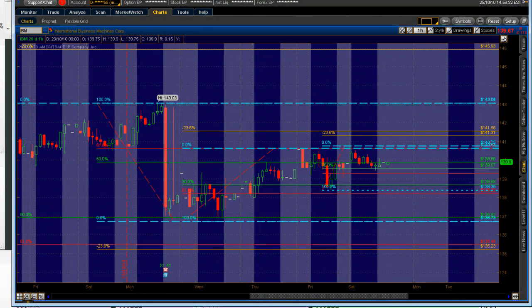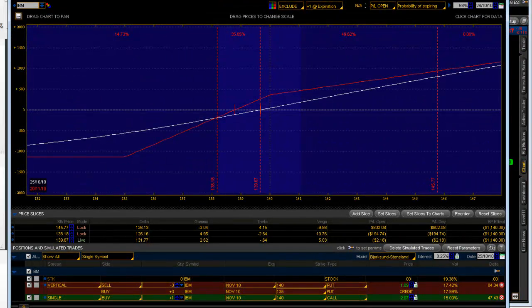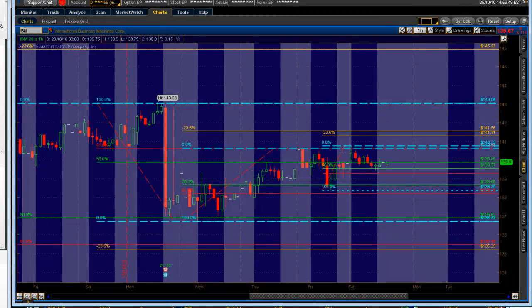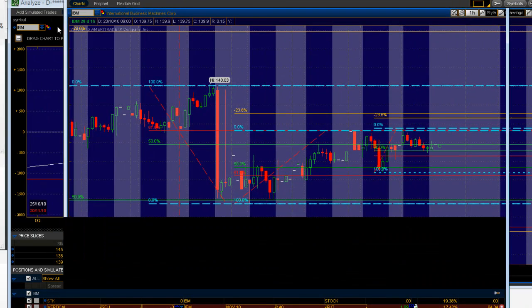So in setting up this trade plan, you can see that we've gone for the highs of 145.93 as the target and the stop of 138.22.